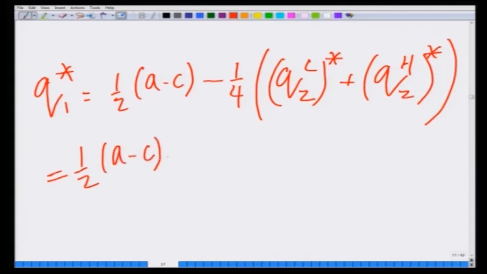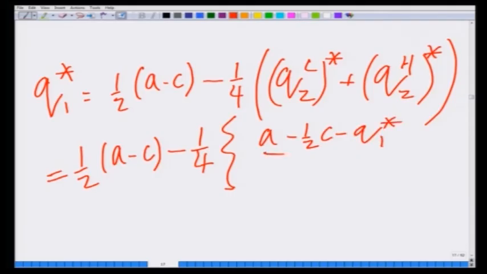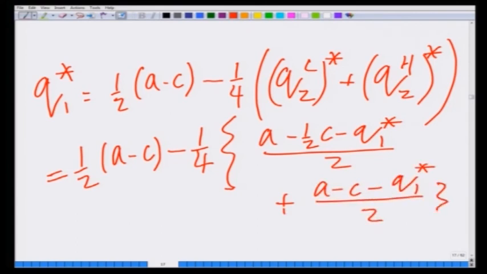(A minus C minus 1/4 of ((A minus half C minus Q1 star) divided by 2 plus (A minus C minus Q1 star) divided by 2)).